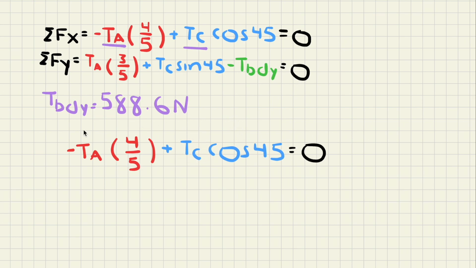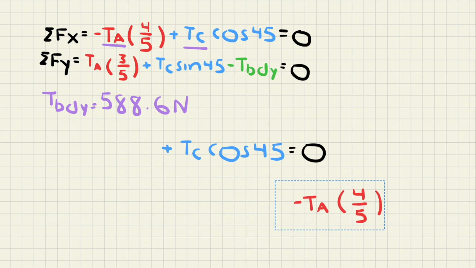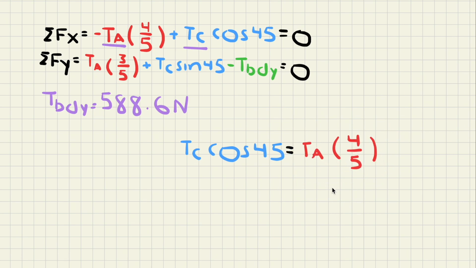First we're going to add this to the other side. And then to get TC by itself, we're going to divide by cosine 45.